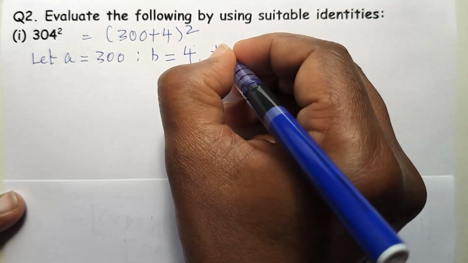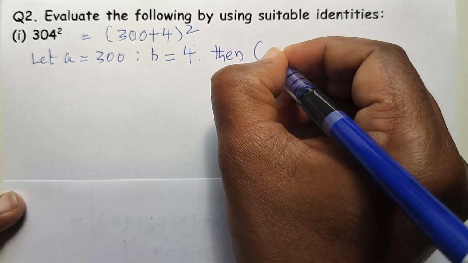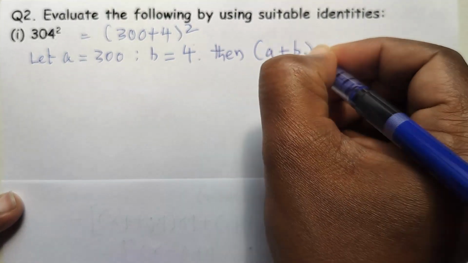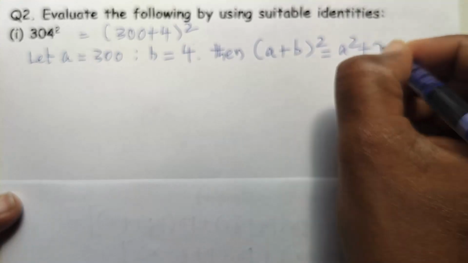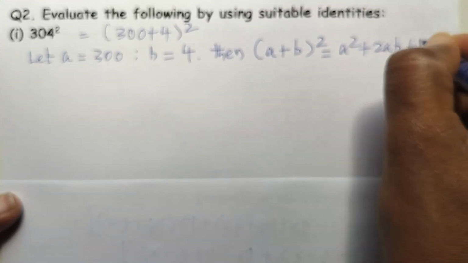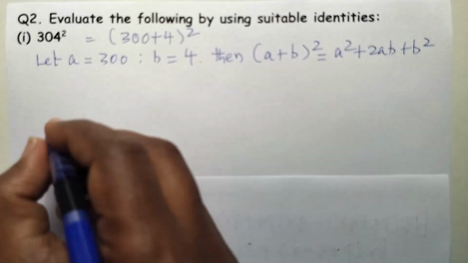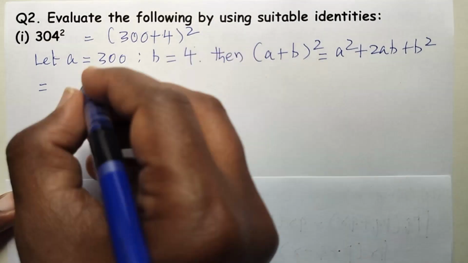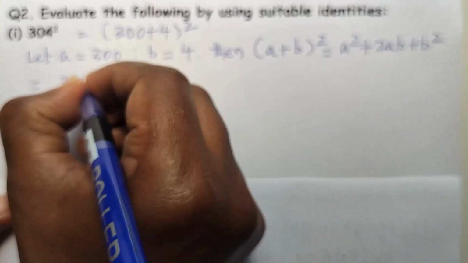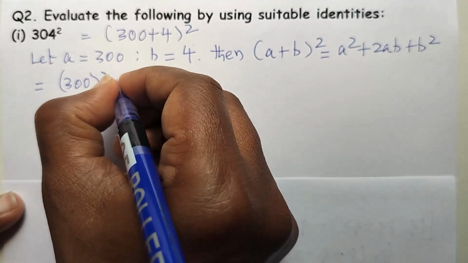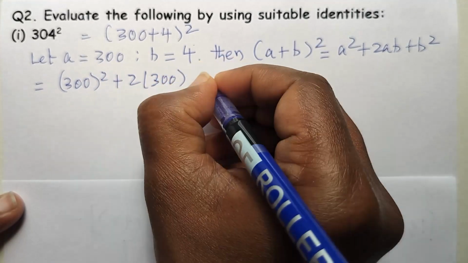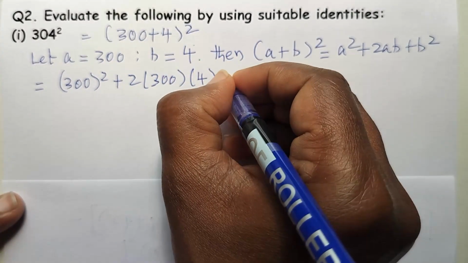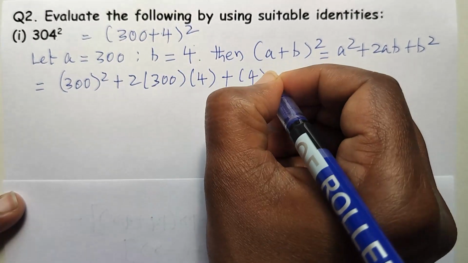So then it will be (A plus B) whole square. So we know (A plus B) whole square is A square plus 2AB plus B square. Now input the values. 300 square plus 2 into 300 into 4 plus 4 square here.